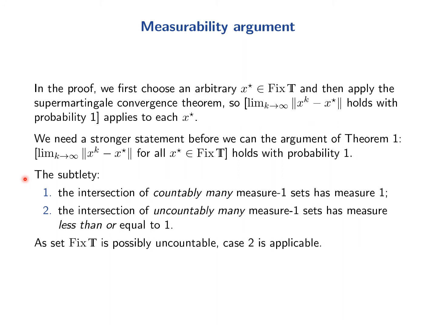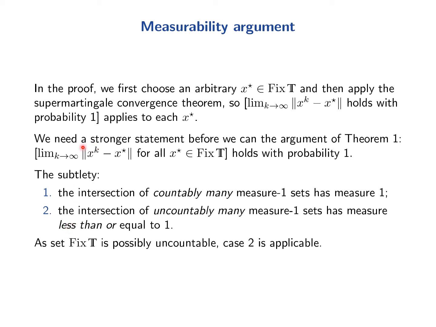Let's talk about the size of the intersection. When there are countably or finitely many measurable sets, taking their intersection, the intersection will still have measure 1. However, when the number of measurable sets grows to uncountably many, then the intersection may have a measure equal to 1 or may have a measure strictly less than 1.